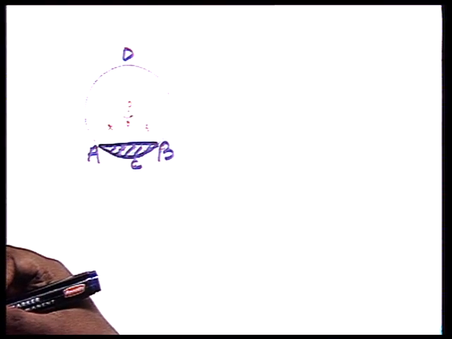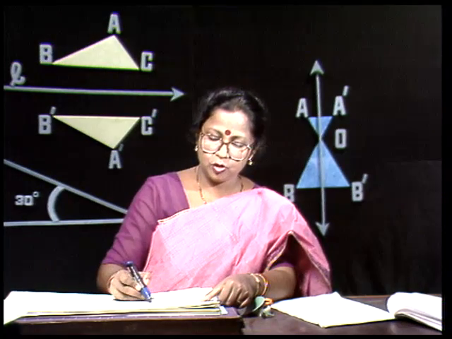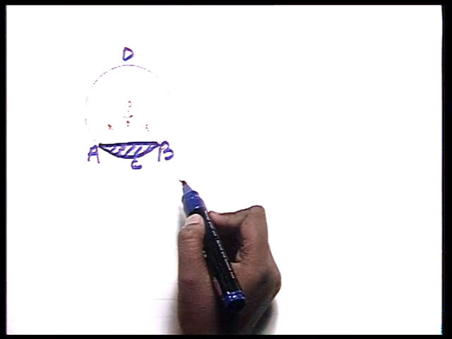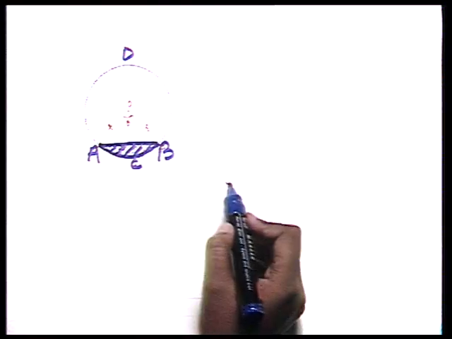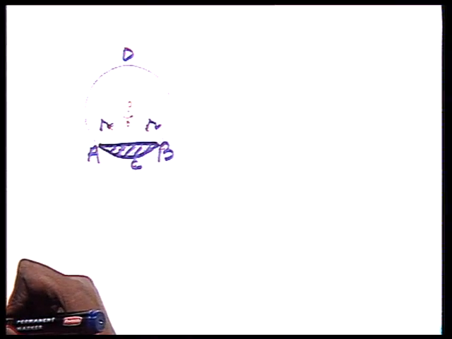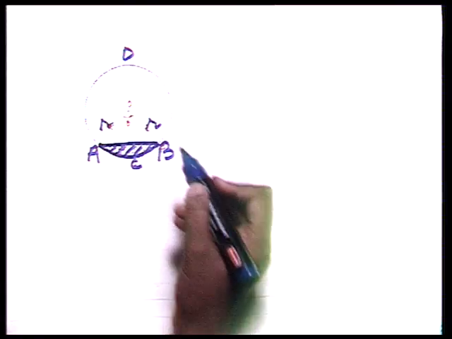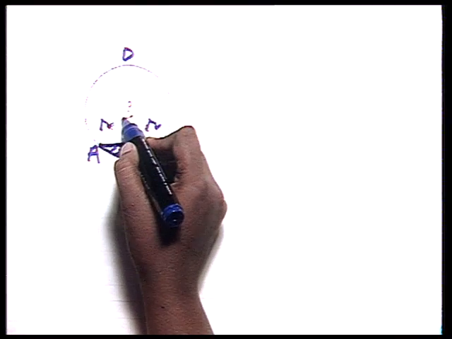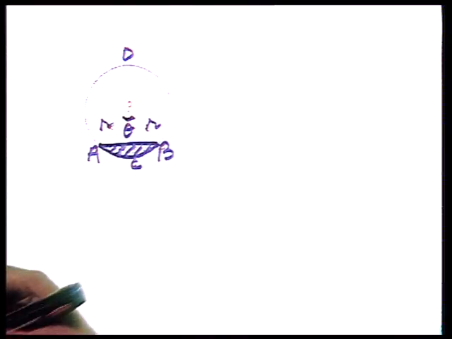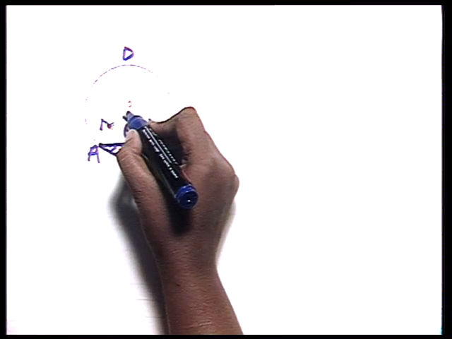How do we do it? We join this A and B to the center of the circle, or we draw the radius of the circle, let them be equal to r each. And let us suppose that the angle made at the center is equal to theta. Now, this is the figure.